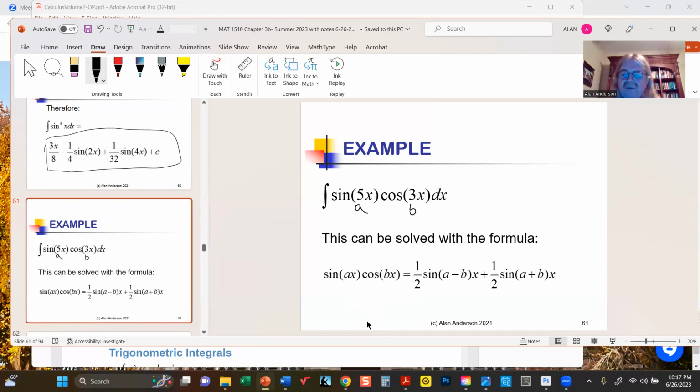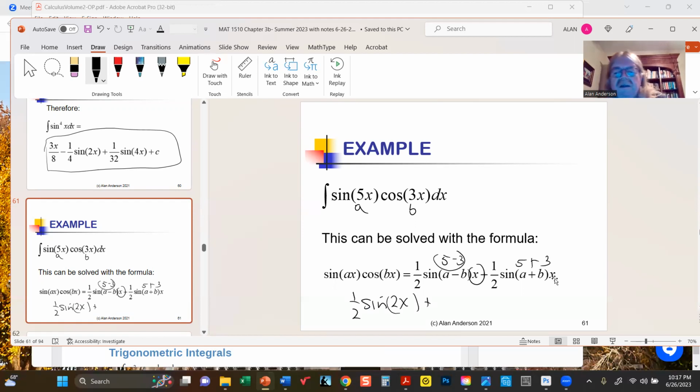If they were, it would simplify to something else like a double angle formula, but here they're not equal. So what does this give us? Well, this will be 5 minus 3, and this will be 5 plus 3. So ultimately, we're going to end up with 1/2 sine 2x, 2 times x.